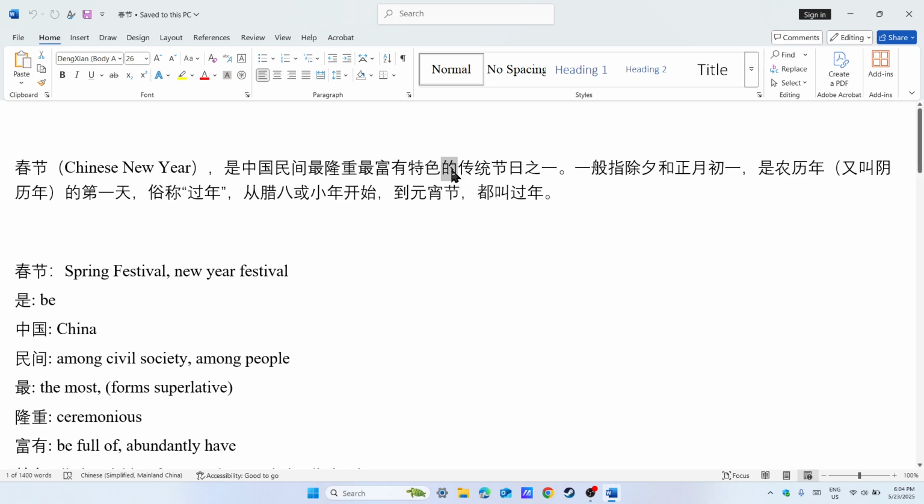Only modern Chinese has this 的. In ancient Chinese, sentences are a lot shorter. When you read ancient Chinese, one sentence is much shorter than the modern one. Why is it much shorter? Because they don't have all these particles, so the sentence is very short.